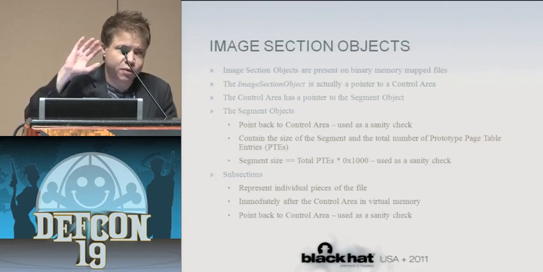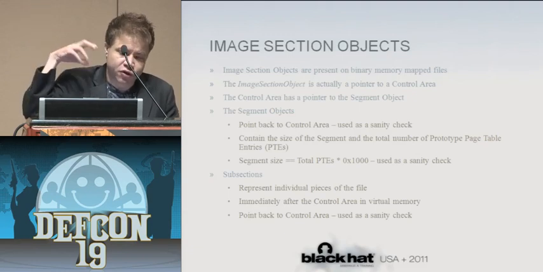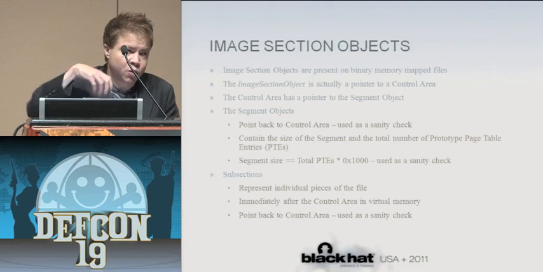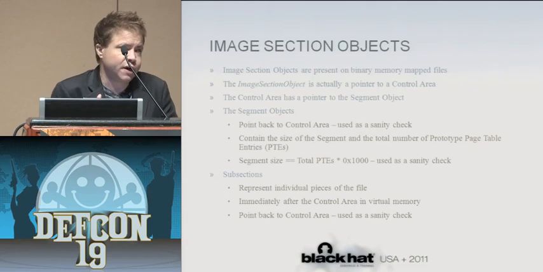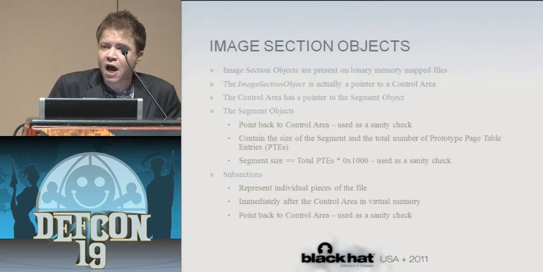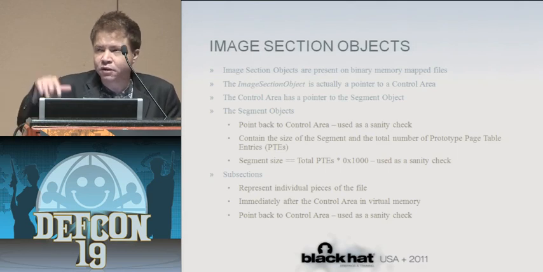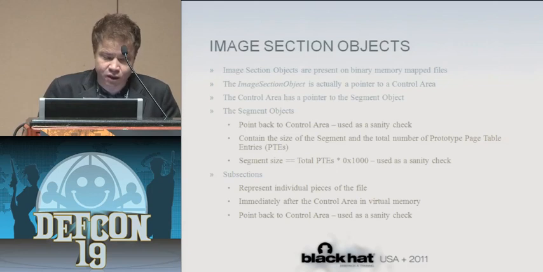So although the segment object was way away in virtual memory, the subsection object was immediately following the control area. So that was nice for us. Basically, for every version of the OS, you can just determine how large the control area is, add that to where the base of the control area was, and then cast that as a subsection object.